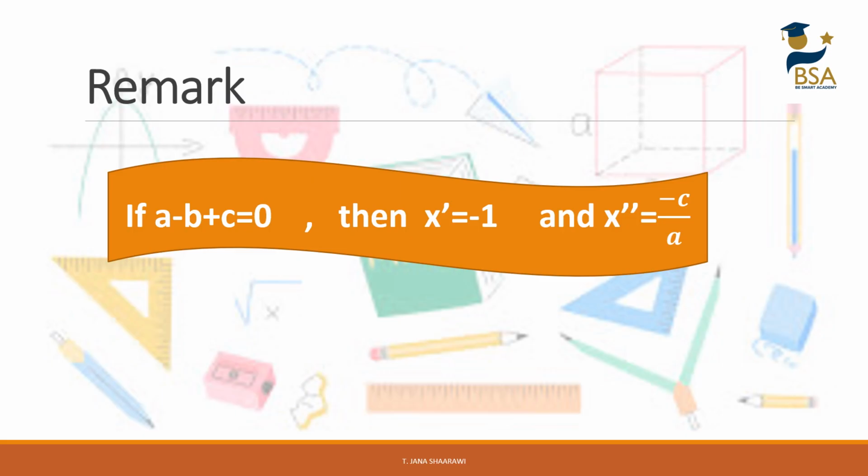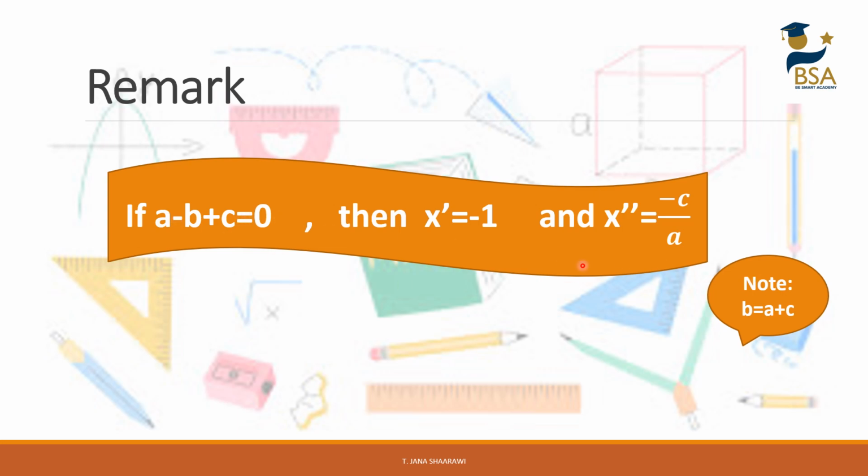The second remark, if a minus b plus c equal to 0, then x prime equal to minus 1 and x double prime equal minus c over a. Some students like this form, a minus b plus c equal to 0. Some students don't like this one, so instead of a minus b plus c, we can say b equal a plus c. So either you say b equal a plus c or a minus b plus c equal to 0.